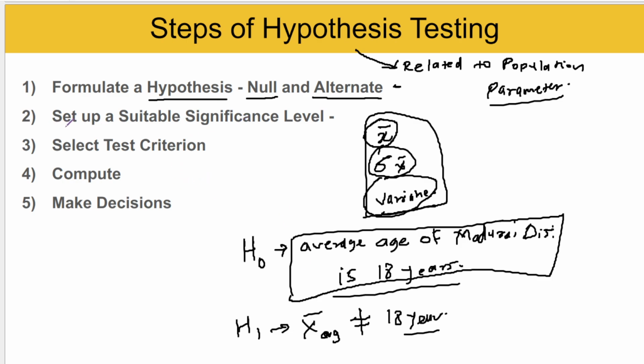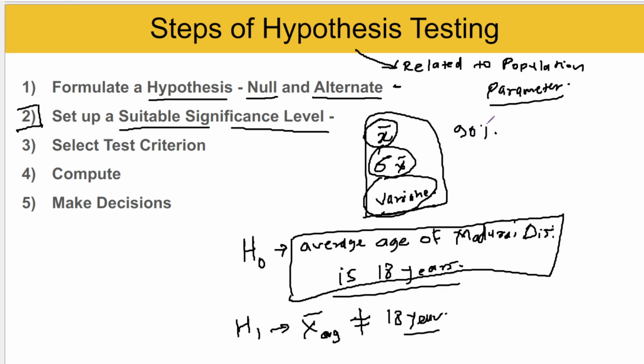What is the second part? The second part is the suitable significance level. Up to what accuracy do I want my hypothesis tests to happen?